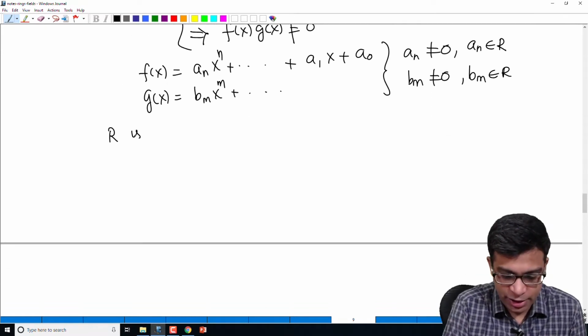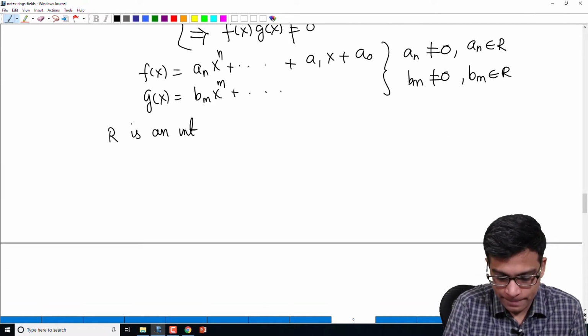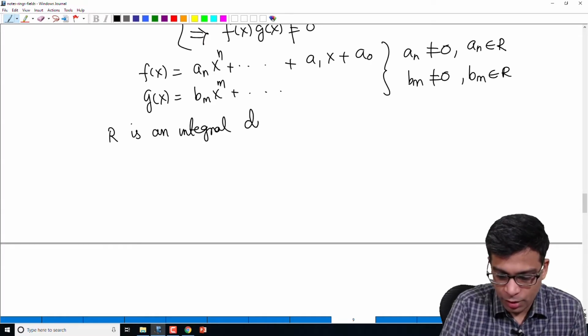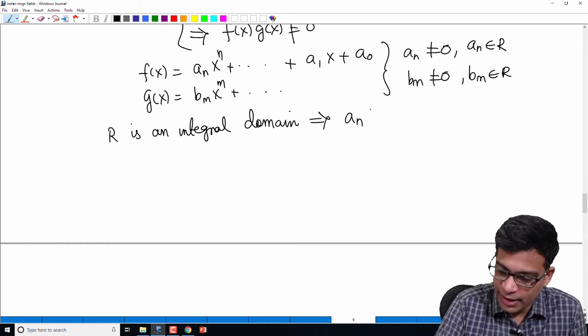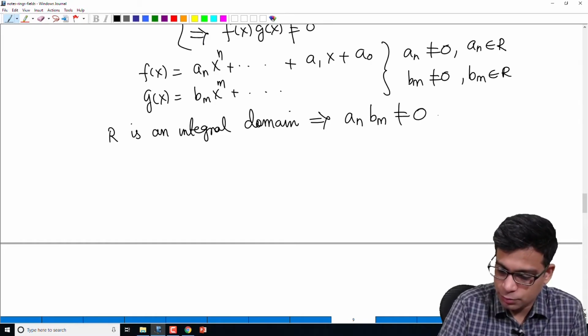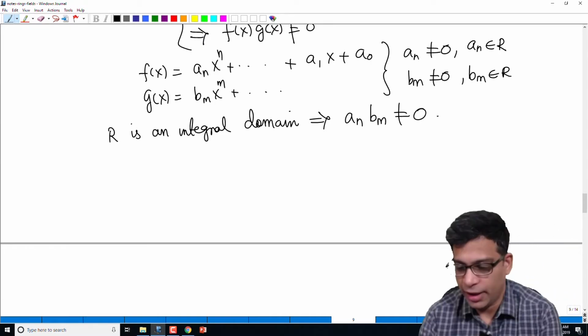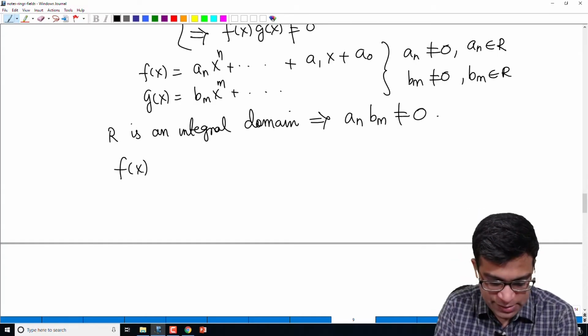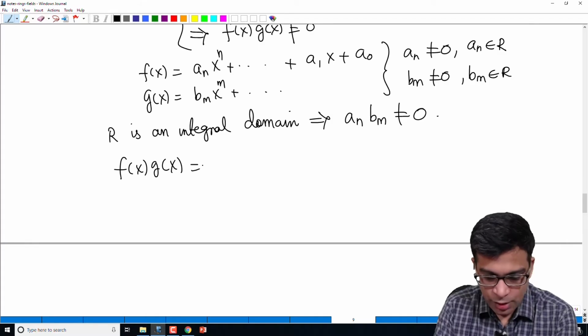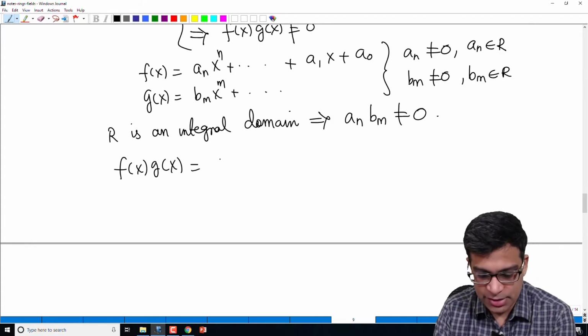By definition, these are non-zero. But because R is an integral domain, a_n times b_m is non-zero, because a_n and b_m are non-zero elements and their product cannot be 0. Now what is f(x) times g(x)?